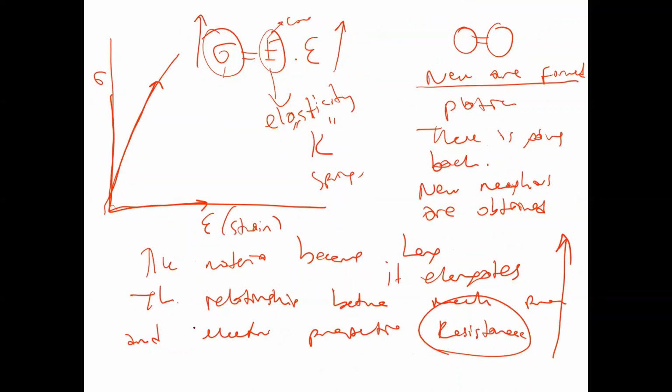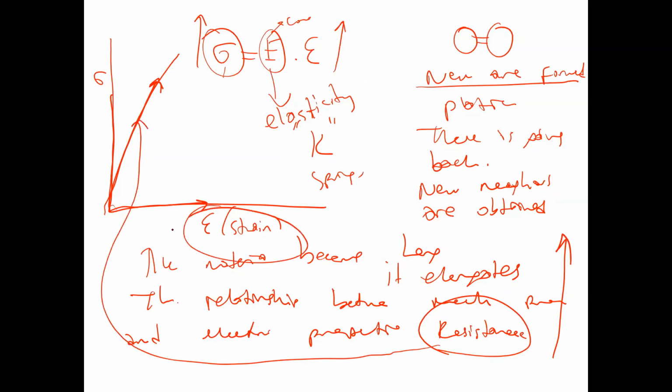Okay, and this is the reason why we could calculate the resistance, and indirectly we could calculate the strain value, and from strain value and the stress that we know, the applied stress, we can calculate the modulus of elasticity.